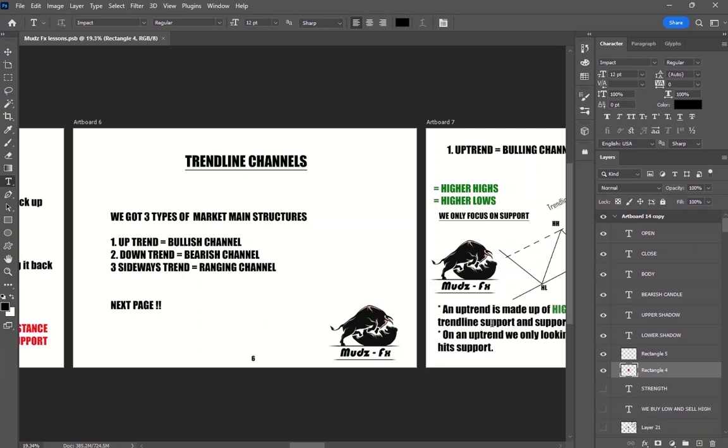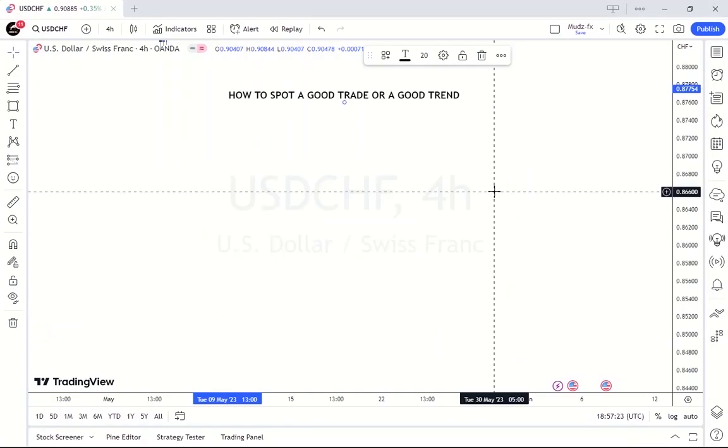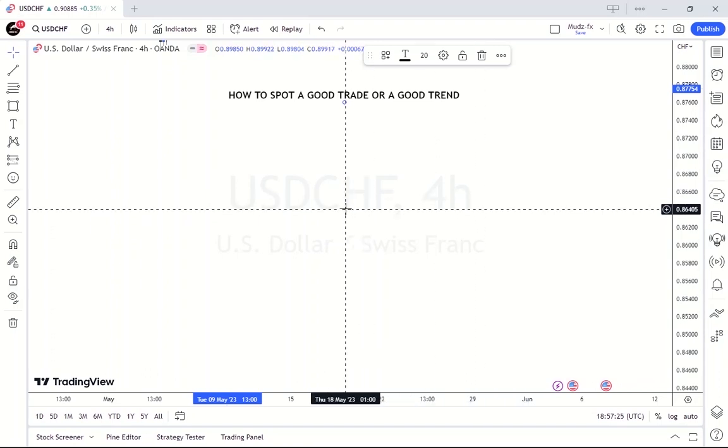Number two, we have a downtrend which we call a bearish channel. Number three, we have a sideways trend which we call a ranging channel. Today we're gonna start with an uptrend, how you spot good trades on an uptrend.